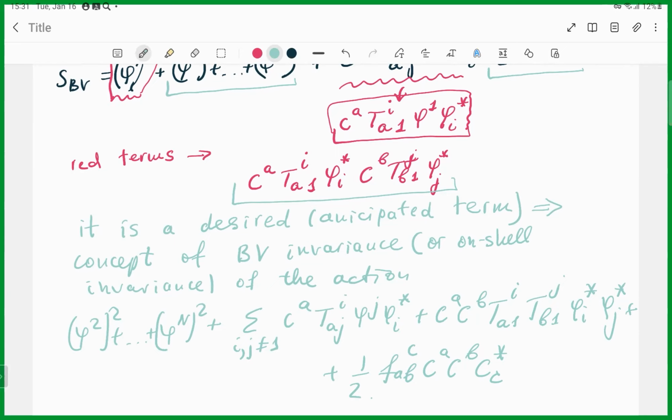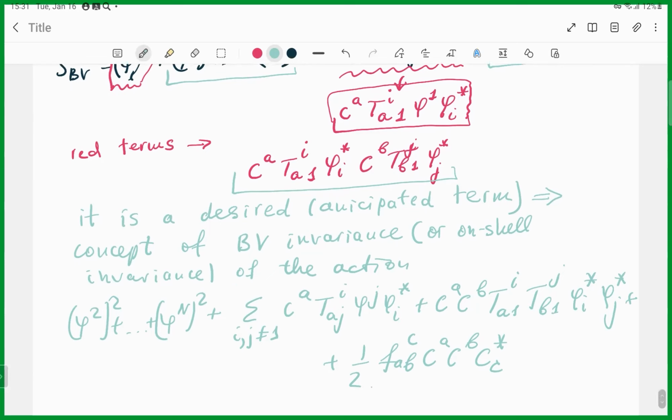Okay. You may think that this is just mathematics and it is not related to physics. However, this is a prototype of how supersymmetry is realized.